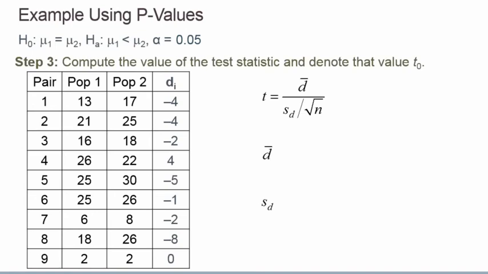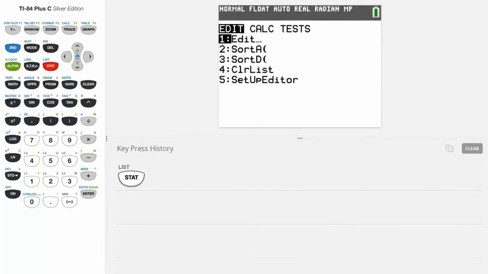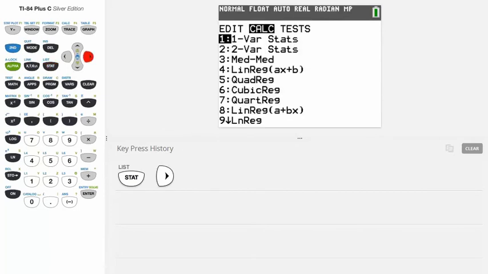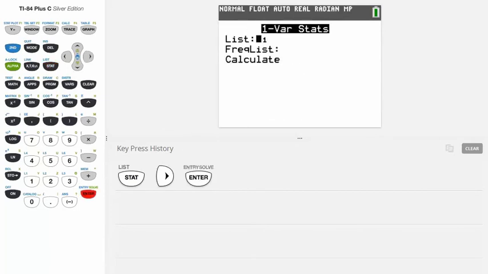I can add these up and divide by 9 to find my mean, or I can use my calculator. Stat, over to Calc, 1 variable statistics. My list that I want to find the mean and standard deviation of is L3. There isn't a frequency list. I'm ready to calculate.